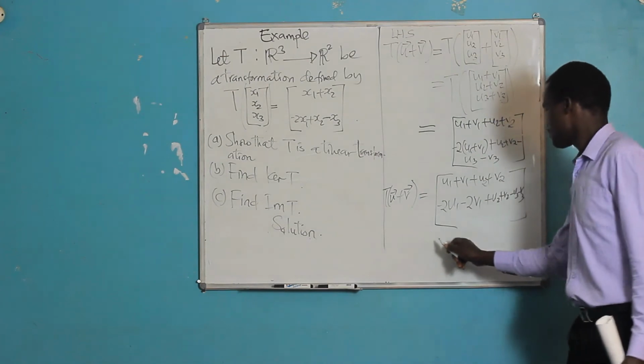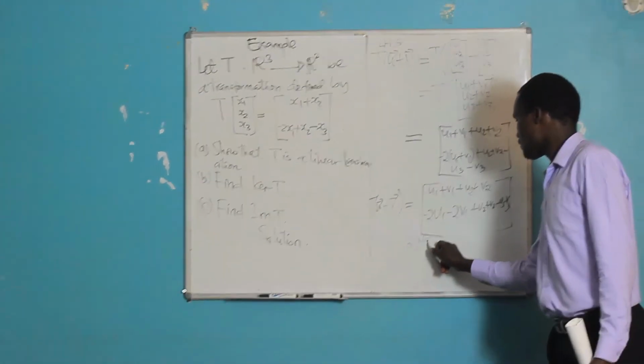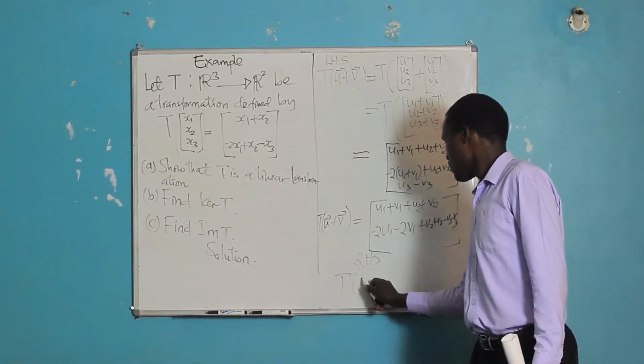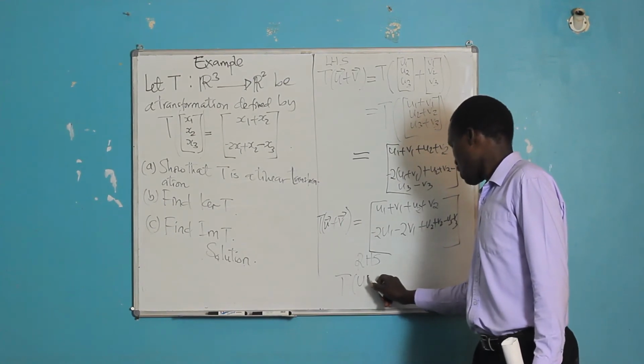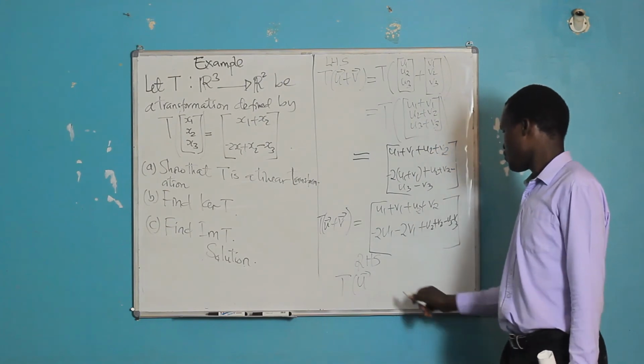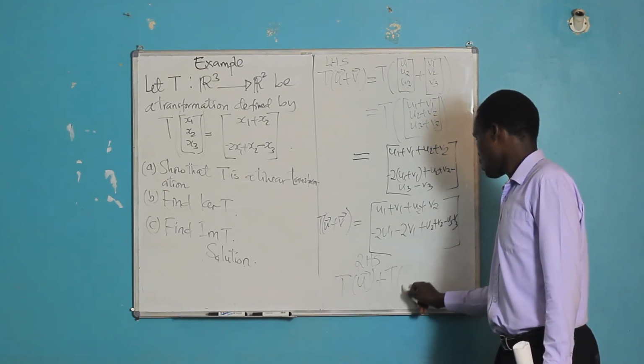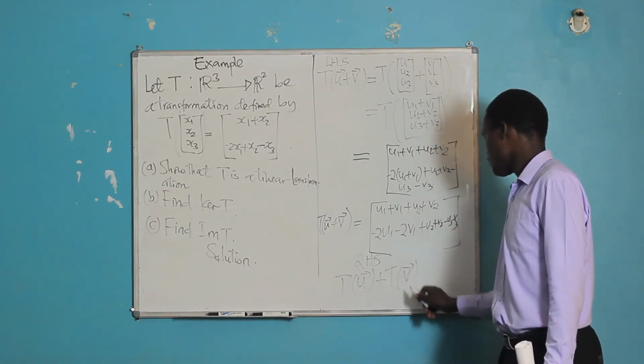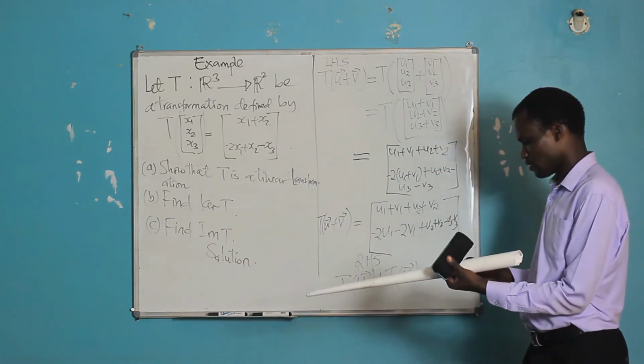Students, for the right hand side, we need to show that T of vector u plus T of vector v will give us the same result.